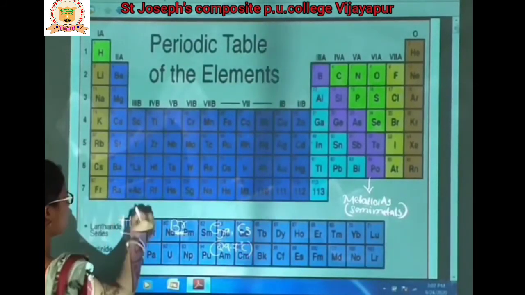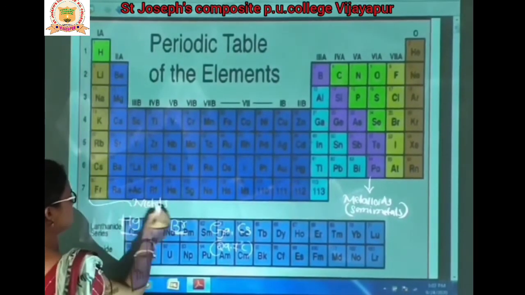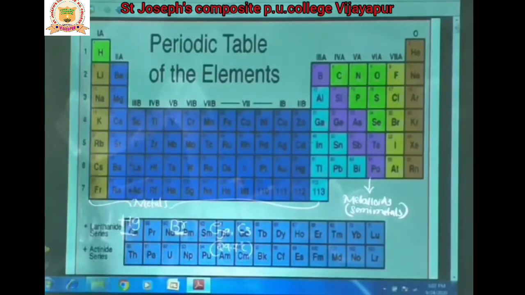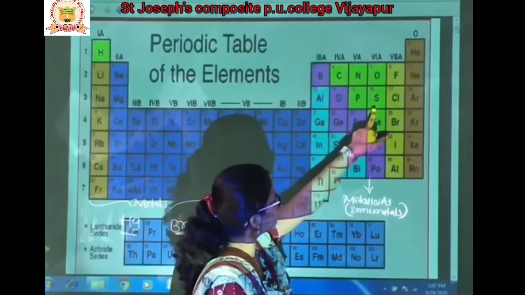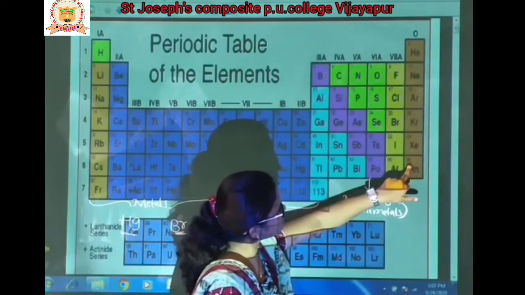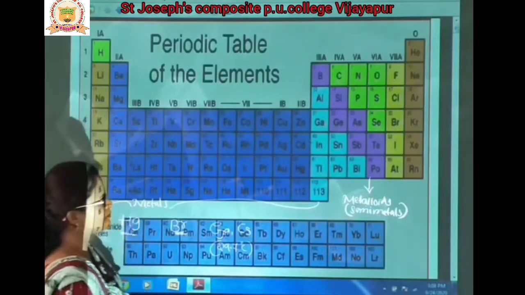These are all metals. Next, non-metals. What are non-metals? Here, this parrot green color shows the non-metals. Noble gases are also non-metals, and halogens are also non-metals.